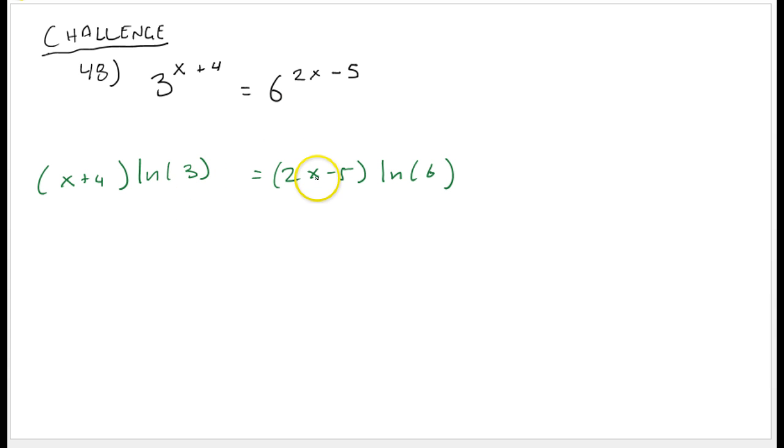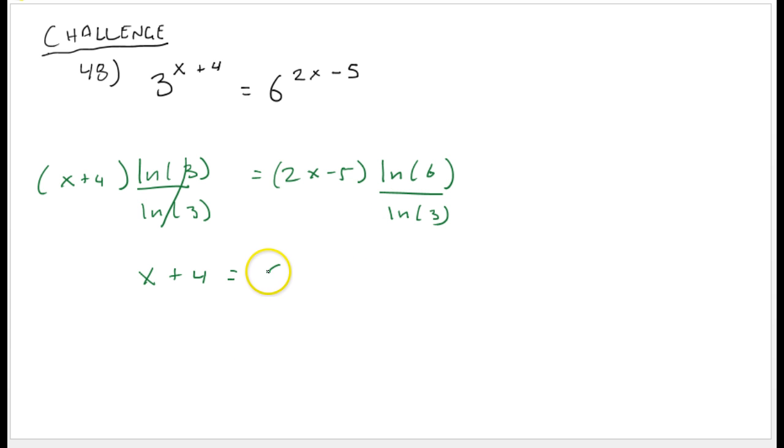We still just want to isolate x or get x by itself. So I'm going to go ahead and divide the natural log of 3 to both sides. This ensures that that goes away and I'm left with x plus 4. I'm going to evaluate this number out to make things simpler for me. Natural log of 6 divided by natural log of 3.